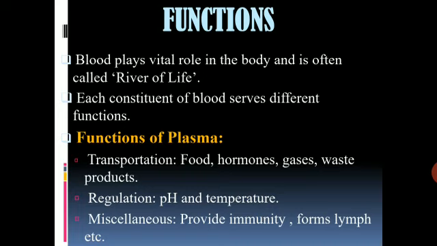This process is called homeostasis. So maintaining the constant internal environment is called homeostasis, and homeostasis is also maintained by plasma. The other function is that it provides immunity, because immunoglobulins are present in plasma itself. It also forms lymph. So all these things are functions of plasma.